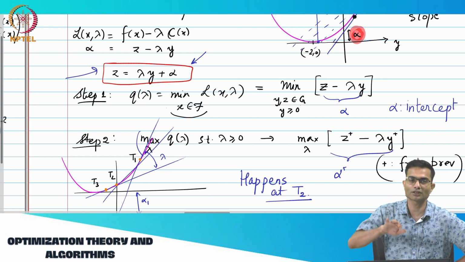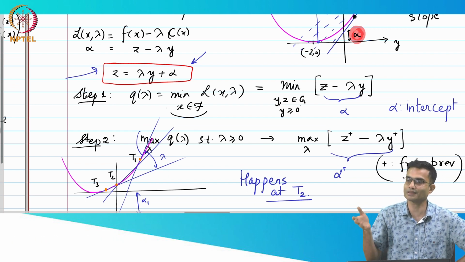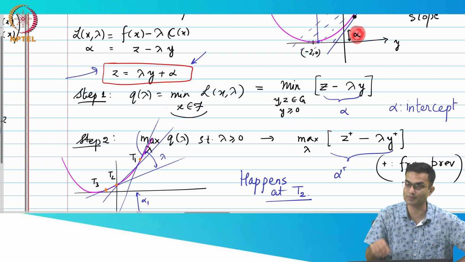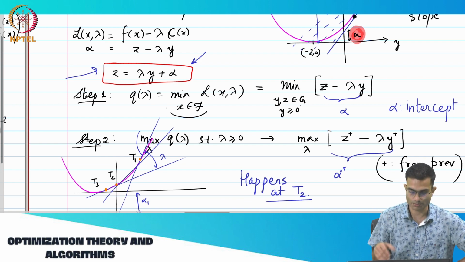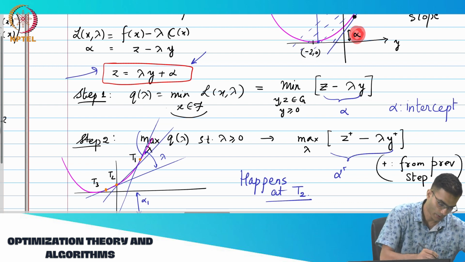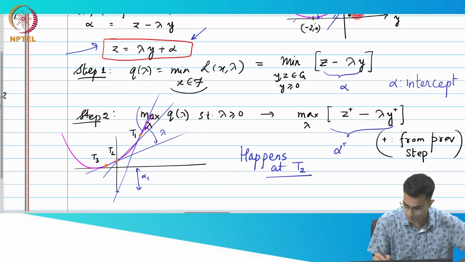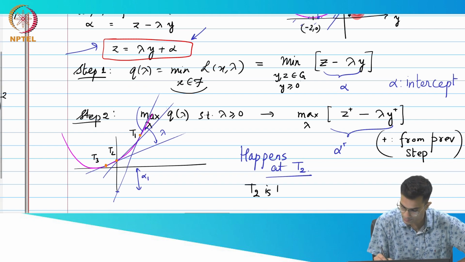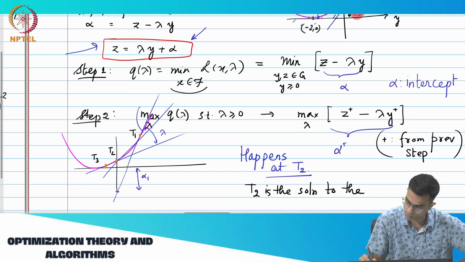If I go any further to the right, the intercept value reduces. So the best intercept that I am getting, because this step is a maximization step, is coming from this particular guy T2, right. So you would then say T2 is the solution to the dual problem.